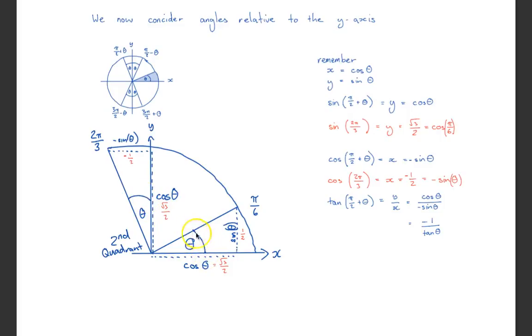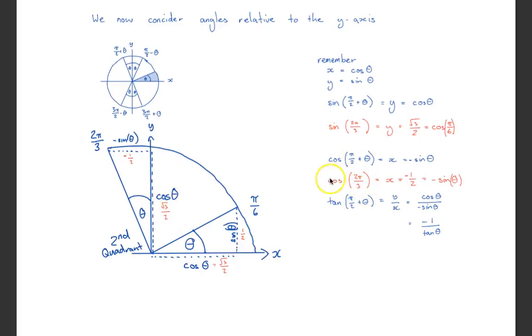So if we look at our angle in the first quadrant, sine of pi on 6 is a half, cosine of pi on 6 is the square root of 3 on 2. So this length here has to be the square root of 3 on 2, and this length here has to be negative a half because we're going in the negative x direction. So if I'm asked to find sine of 2 pi on 3, that's just the cosine of whatever this angle is here, and that angle is pi on 6. So cosine of theta is the square root of 3 on 2.